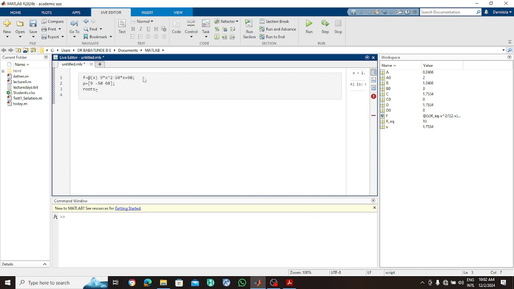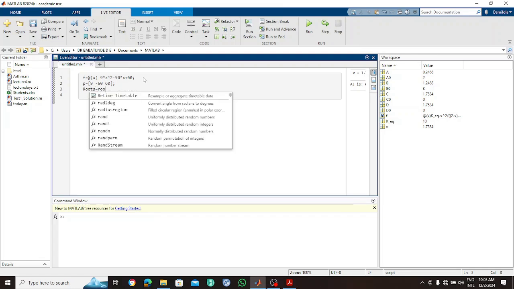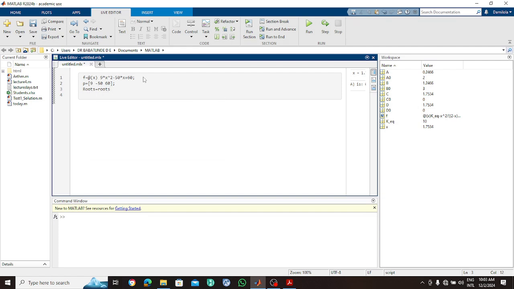Is equal to root of p. So let's print the roots. Or let's just display it.